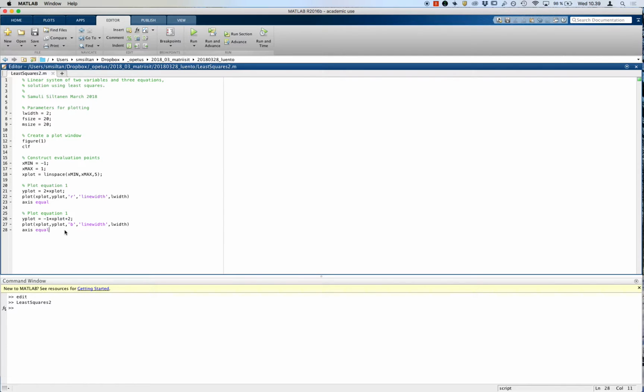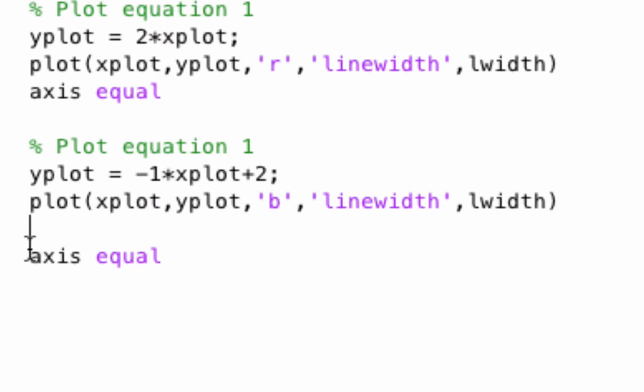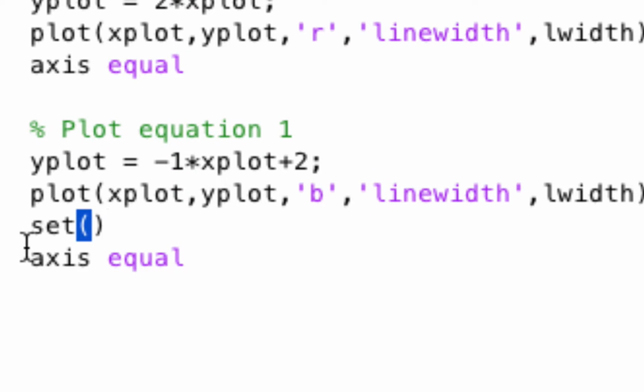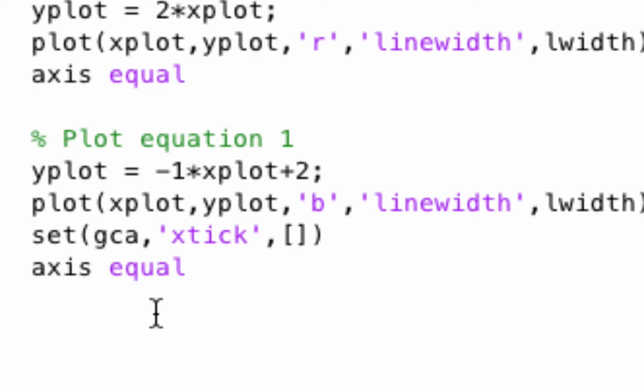So I use the command set and then GCA, which means get current axis. This setting will affect the current plot, and I will put the tick marks on the horizontal axis to be from x min to x max.